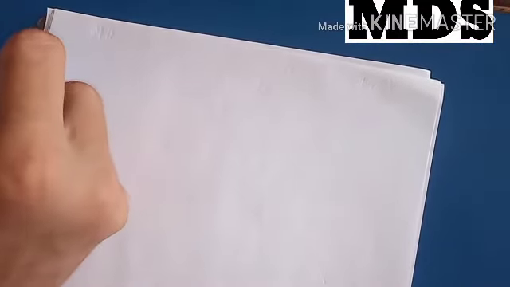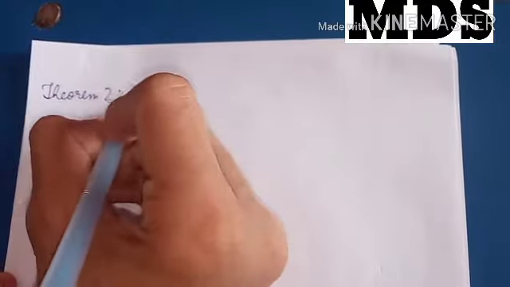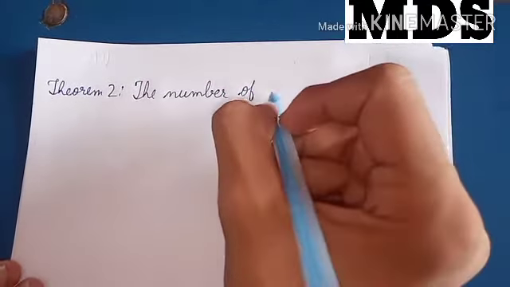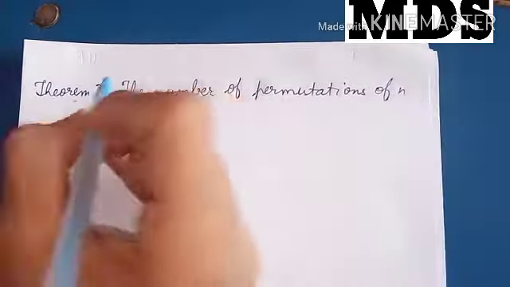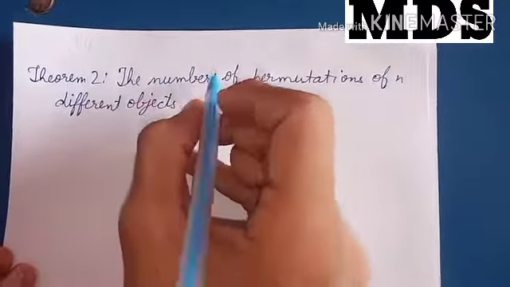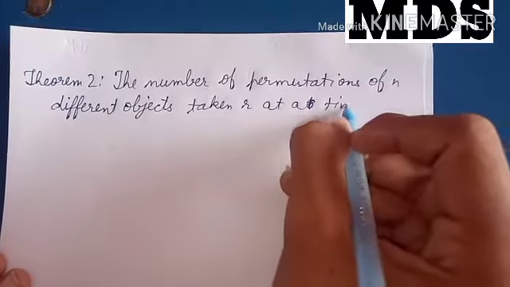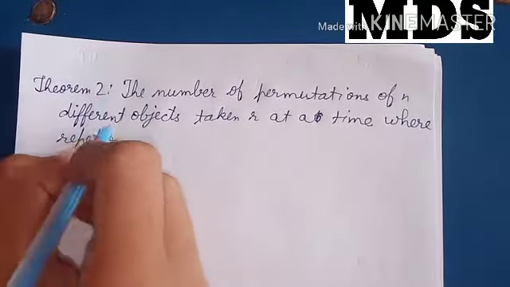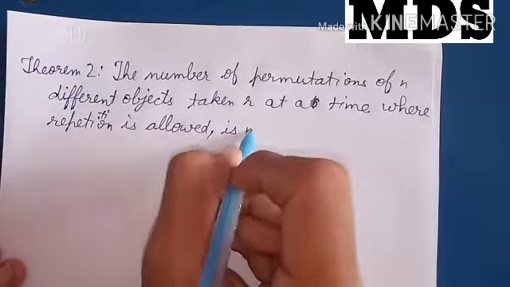Now this is theorem second, and what is given in this theorem is that the number of permutations of n different objects, permutation means arrangements, taken r at a time, where repetition is allowed, is n raised to power r.